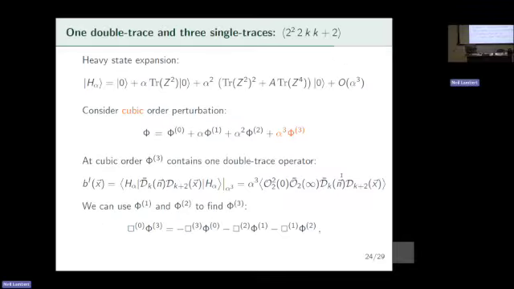So now let me very briefly tell you about the ongoing work on how to include double traces in this computation. So we simply need to go to the higher order of the perturbation theory. In this case, to capture one double trace and 3 single traces, we need to consider the cubic order in alpha.